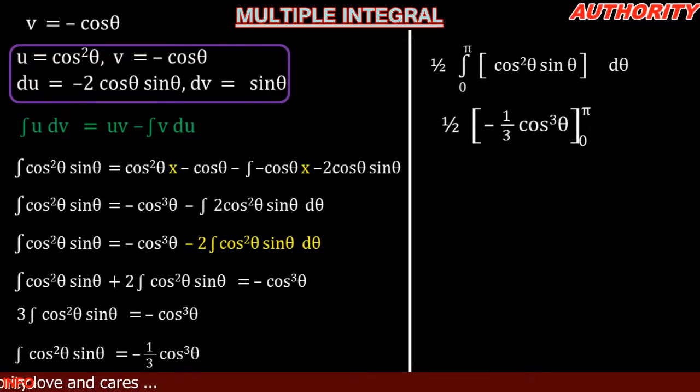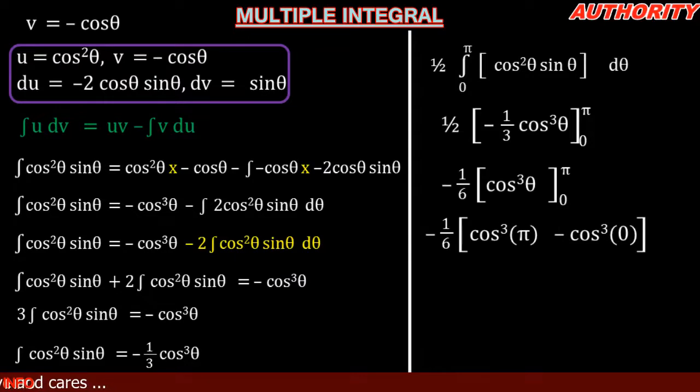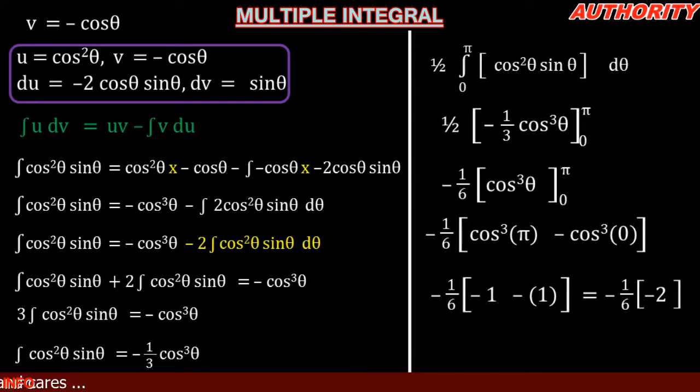Now let's plug in our range. First, minus 1 all over 3 multiplied by 1 all over 2 gives you minus 1 all over 6. So we have minus 1 all over 6, open bracket, cos cube theta over the range 0 to pi. Plugging in the range, we have cos cube pi minus cos cube 0. Cos cube pi gives you minus 1, and cos cube 0 is equal to 1.